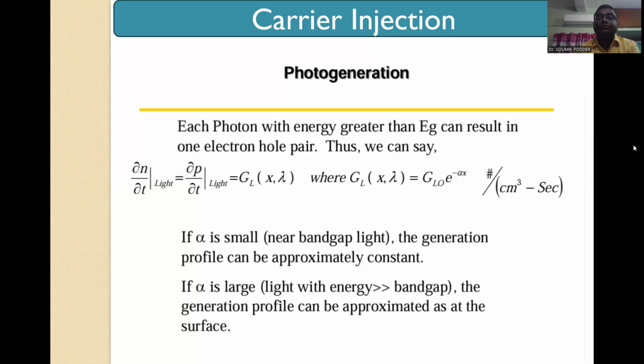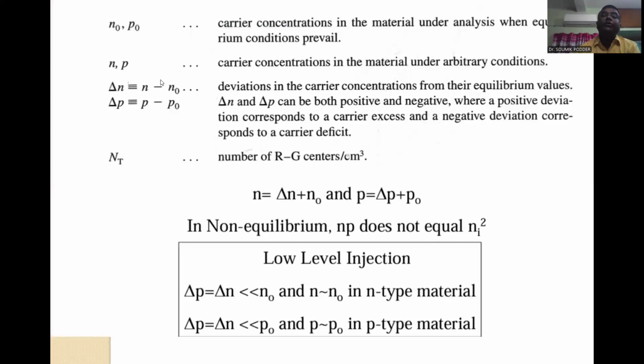Now, n0 and p0 are basically the carrier concentrations when equilibrium is present. n and p are the final carrier concentrations, where n is for electrons and p is for holes. So delta n is the excess carrier: excess electrons will be n minus n naught, whereas the excess holes will be p minus p naught.